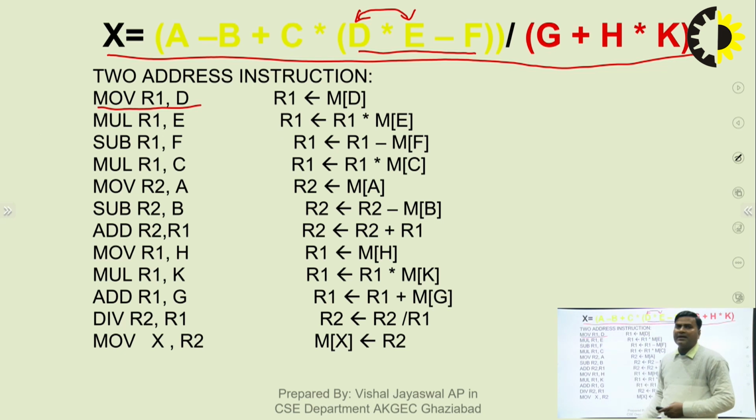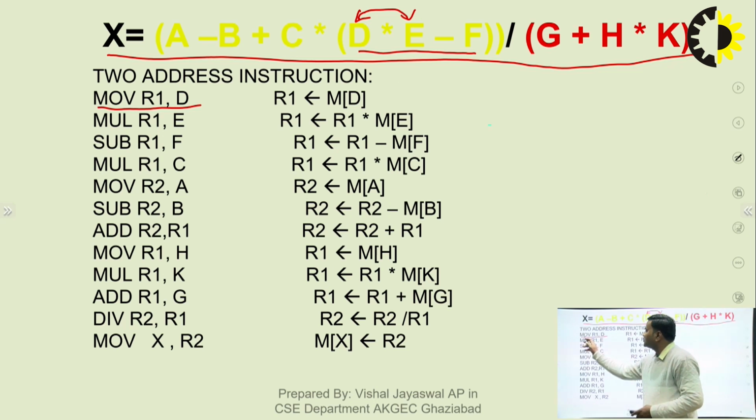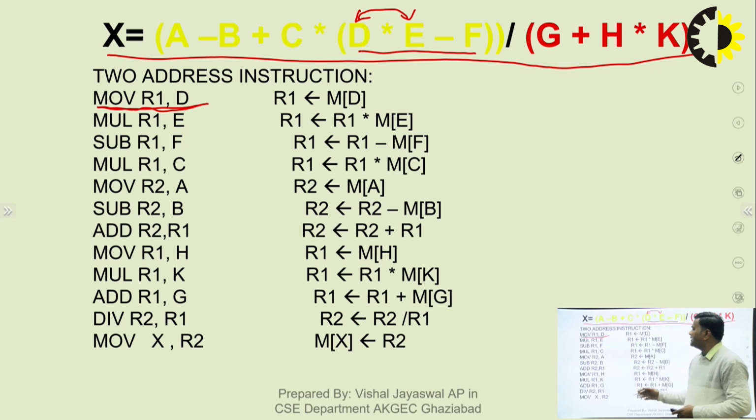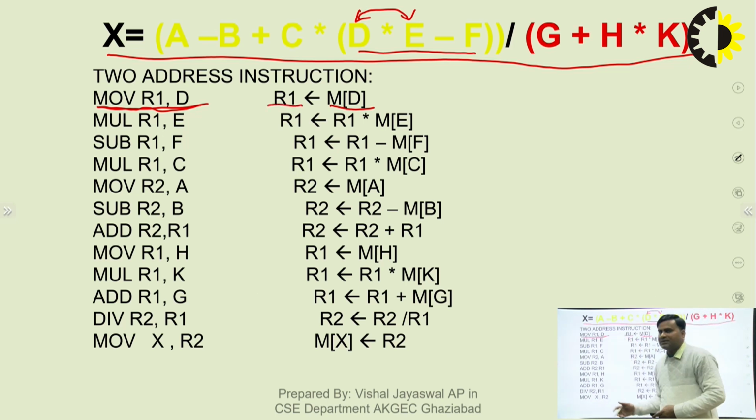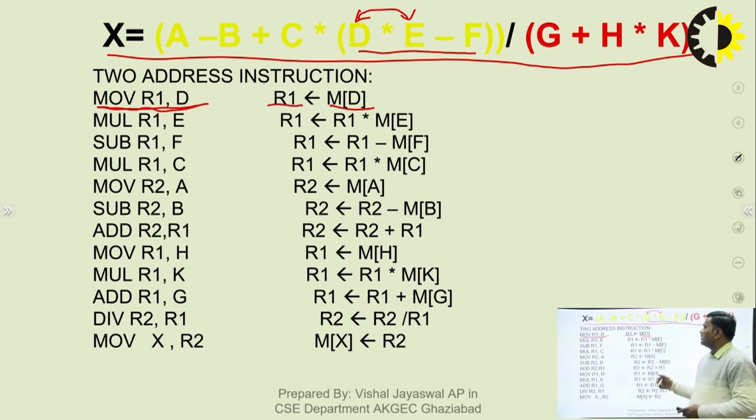Move is basically a data transfer instruction, used to fetch the content from the memory to the register. So here we are using the move instruction: move R1 comma D. It means the content of M of D is transferred to the R1 register. The register is in the processor and the memory location is in main memory. So M of D is transferred to R1.